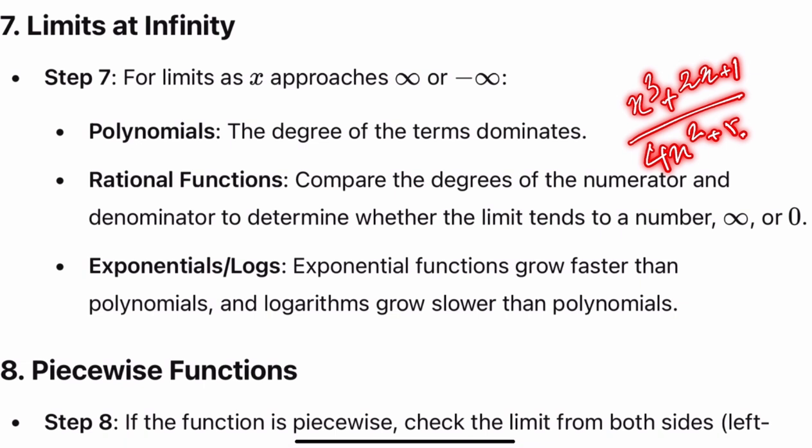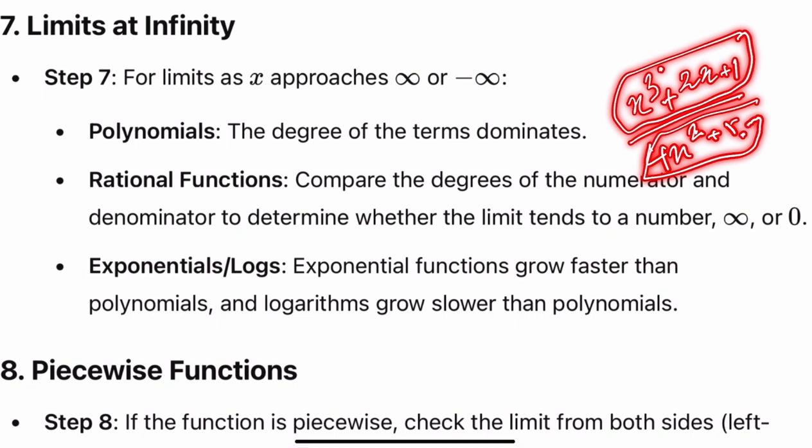In this case, the numerator has a higher degree, which is 3, than the denominator, which is 2. As x increases, the numerator grows much faster, so this section grows much faster than this section. This causes the whole function to increase without bound.